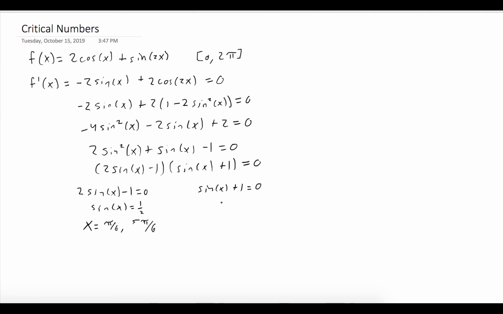And then in this case, this would be the same thing as sine of x equals minus 1. And that happens when x is equal to 3 pi over 2.